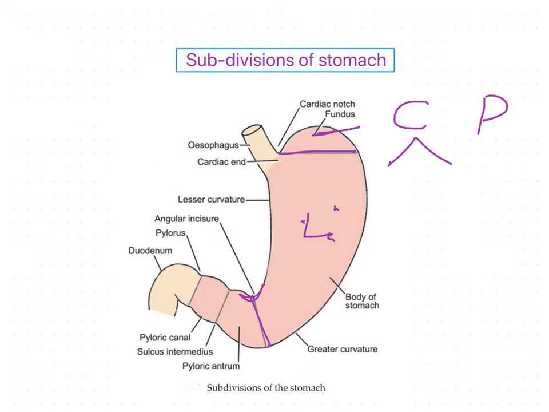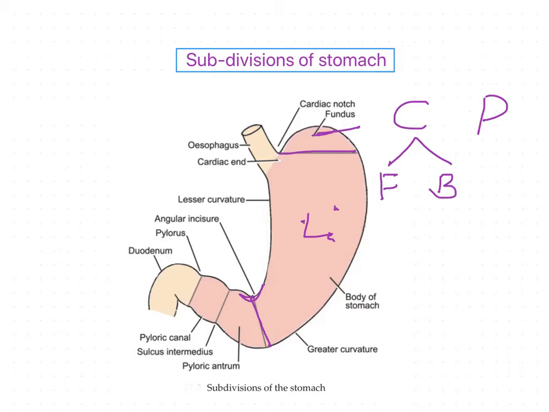The cardiac part is divided into the fundus and the body. Next is the pylorus. The small pyloric part is further divided into the pyloric antrum and pyloric canal.